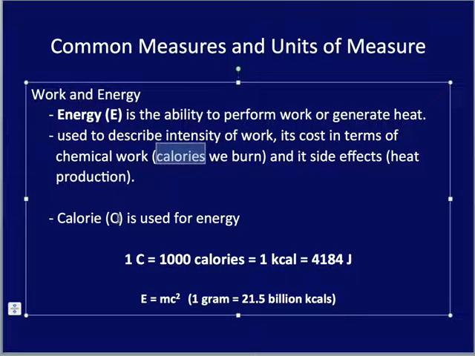Those are actually referred to as big C calories, okay, and also known as kilocalories. So if I use the term kilocalories, or if you see this abbreviation right here, that's simply just one big C calorie, and that's equal to approximately 4,184 joules.